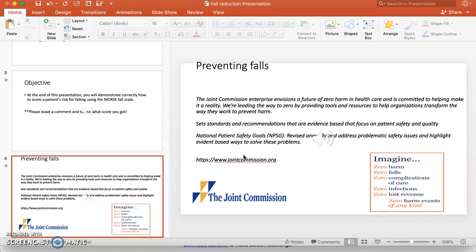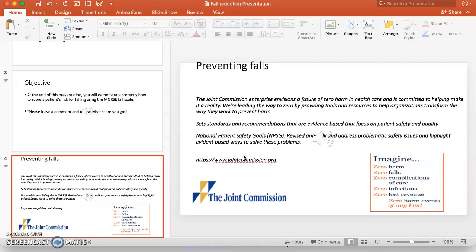They get together with stakeholders and they come up with the most problematic safety issues of the year. They highlight these for us and give us evidence-based ways to solve these problems. One of them is that they identified that falls in the acute care facility is a major problem.